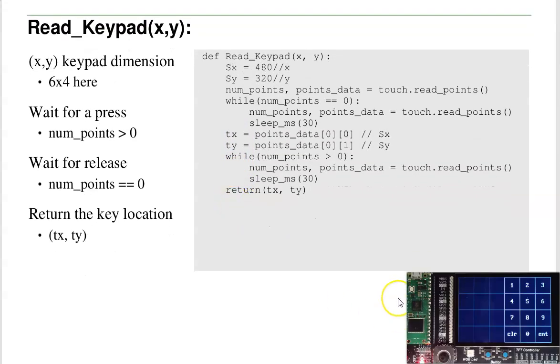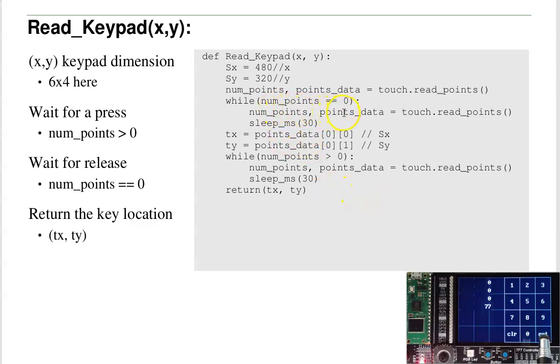Next, I want to read the keypad. When I hit it, what was the XY value of that number? So what this will do is I'm going to tell it this is a 6x4 keypad. I tap the screen. Which button did I push? It's going to return the touch point XY. So this is 6x4, the number 0 through 5, number 0 through 3. What is the XY location of the field that I tapped?